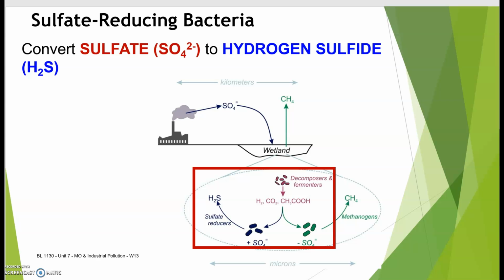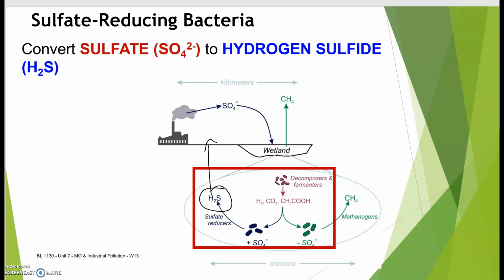It'll be decomposed, changed a little bit. It'll be combined with hydrogen, carbon dioxide, and lactic acid, ethanol, that type of fermentation. And then we can have it turned into our sulfate reducers. We'll take the SO4, and they'll turn it into our H2S. That'll be released, and then if anyone is around this wetland, then they'll probably get a smell of rotten eggs.